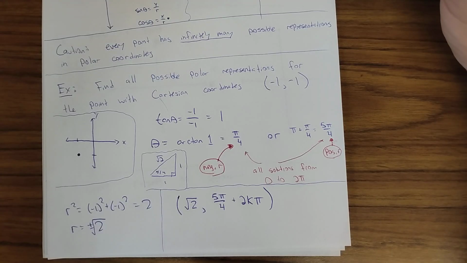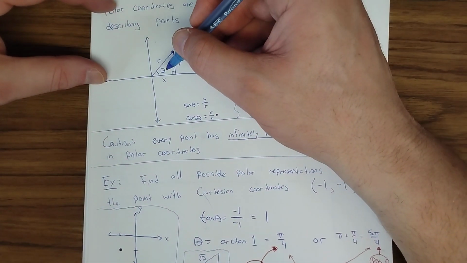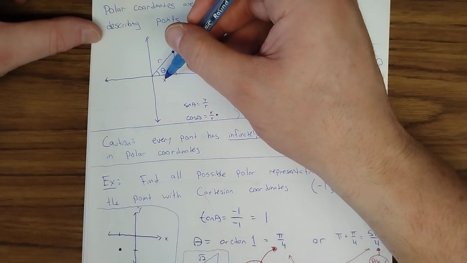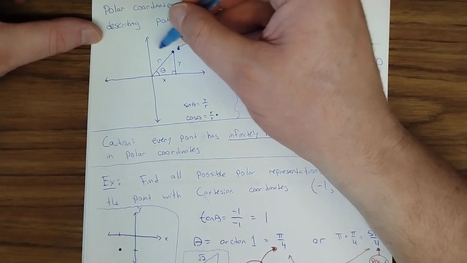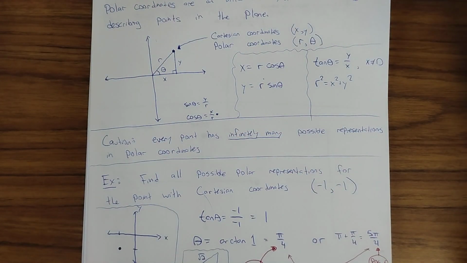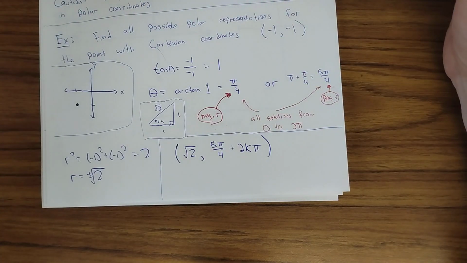That's the other thing that can happen with polar coordinates, is because theta is an angle, I can give you a silly angle that's way bigger than 2 pi, which tells you to just go around and around the circle a bunch of times. So since I'm trying to do all possible polar representations, I have to take that into account.